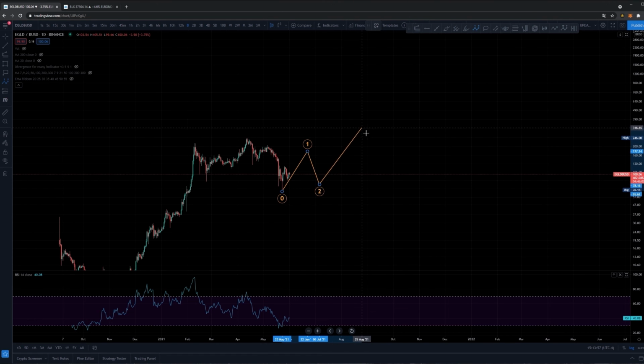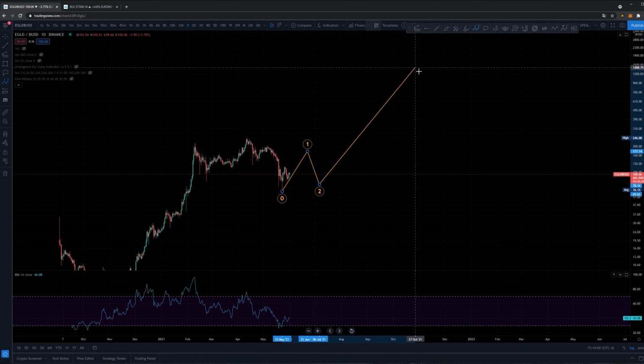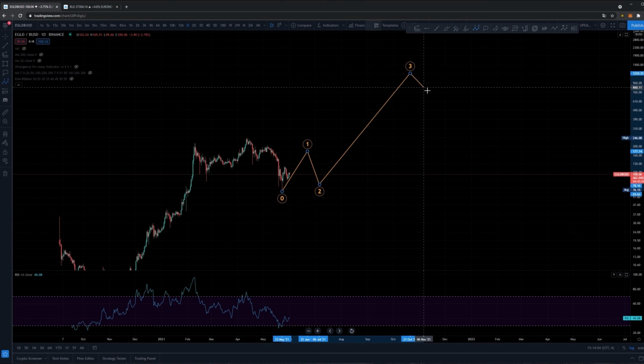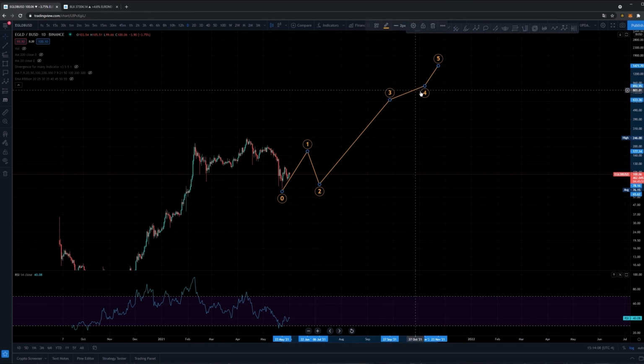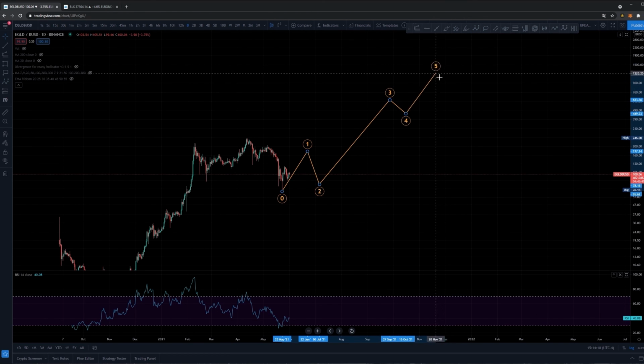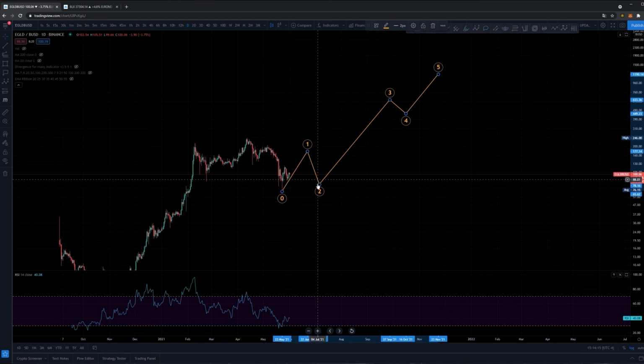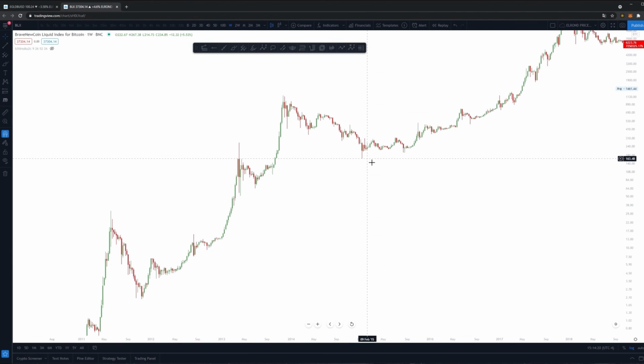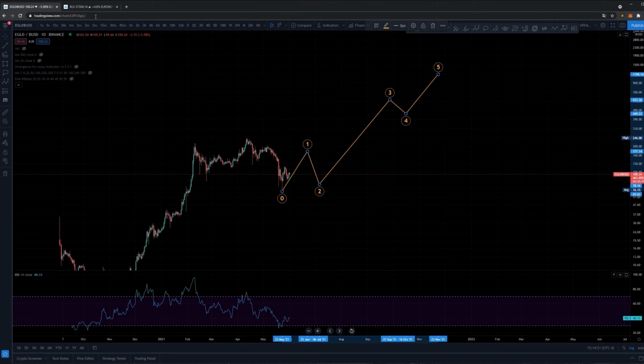And after this, we are ready to rise to almost $1,200, something like this. And after that, we're gonna have the bear market that can bring us to around 163 again.